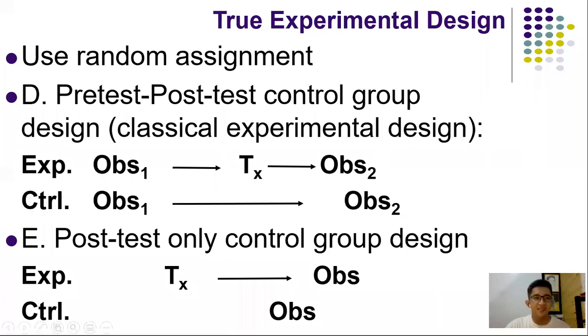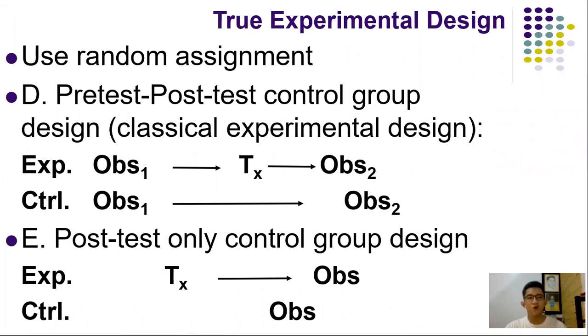Balik tayo. So sa control group design ng pre-test, post-test control group design ay meron tayong observation sa pre-test, ngunit hindi ka magagawa ng experiment sa control group at oobserbahan mo din pagkatapos mong mag-experiment sa experimental group. Sabihin, magkakaroon ka ng post-test sa parehas na experimental at control group design.